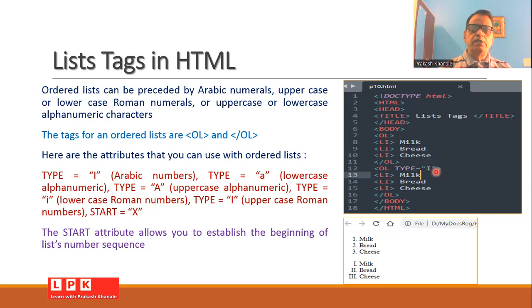When I execute this program in a web browser, you will find that we get the numbers 1, 2, 3 for the three items. That is, the Arabic numerals will be there for indicating the order of the elements.